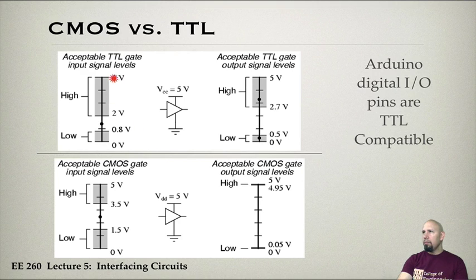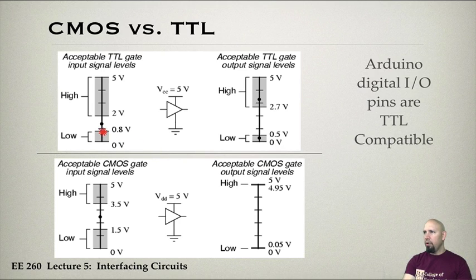Now, in TTL, anything between 0 and 0.8 volts is taken as a logic 0. Anything between 2 volts and 5 volts is taken as a logic 1. For a TTL signal, those are the defining properties.